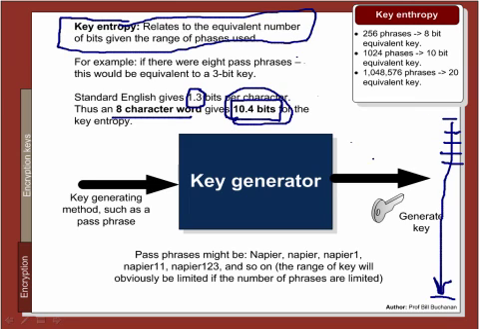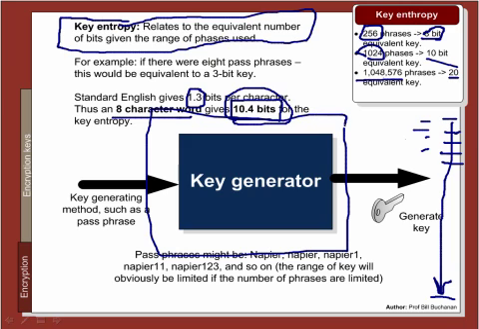So you can see here that if there was only 256 phrases that were used, it's only equivalent to an 8-bit key. So we might be using a very large encryption key space, but only using 8 bits of it. For 1024 phrases, it's 10 bits. For 1,000,000 phrases, 20 bits. So it's an important factor as to how the key is actually generated.